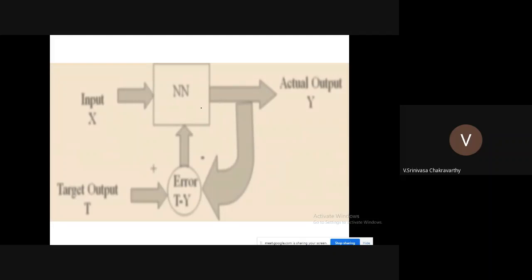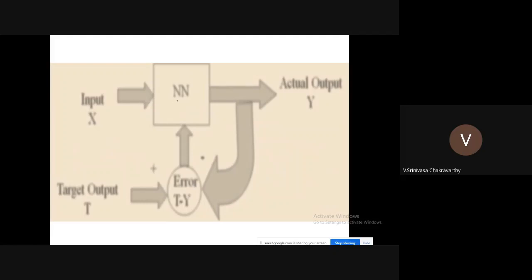If you have an m class problem, you need to have m outputs, and each class is defined by one neuron. If it is class 1, the output must be 1000, etc. If it is class 2, the output must be 0100, etc. That is how you code m classes in the output layer.